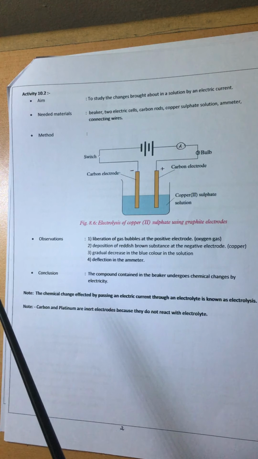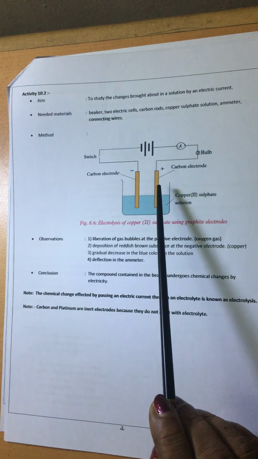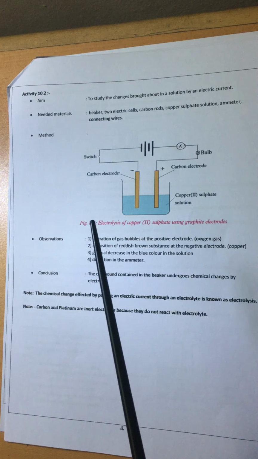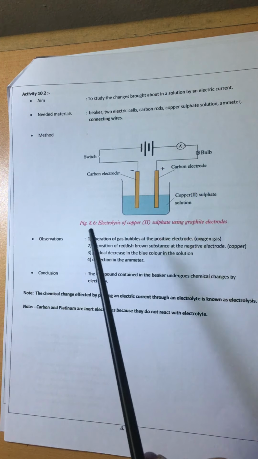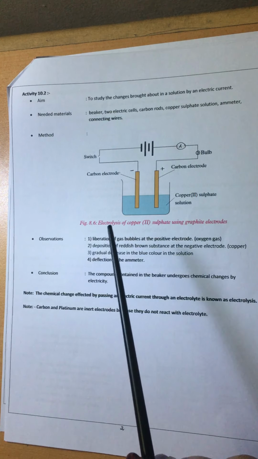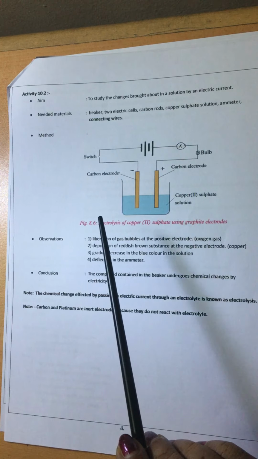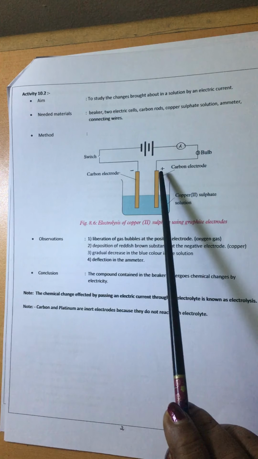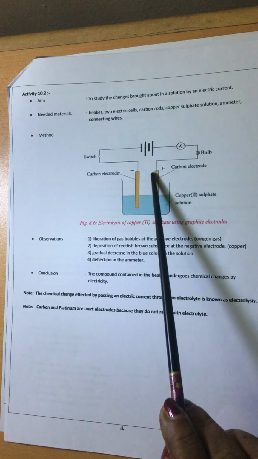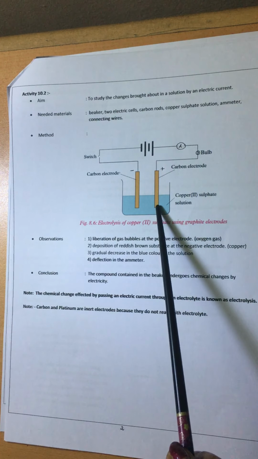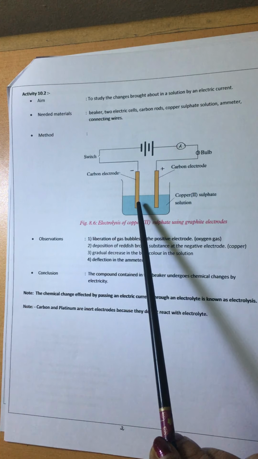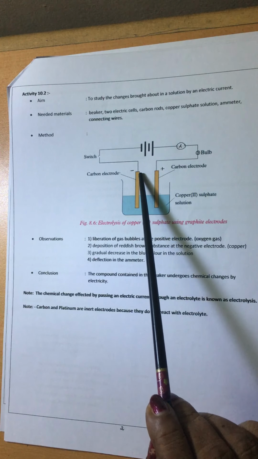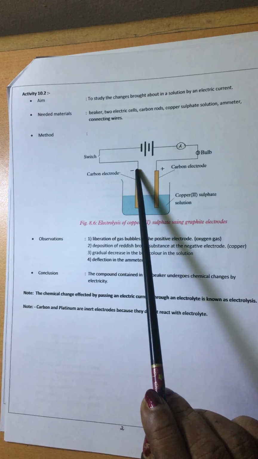How do you identify oxygen gas? When you insert a glowing splinter, it relights. That you studied earlier, right? So this is the gas bubbles evolved at the positive electrode. Next, you can notice reddish brown deposits on the negative electrode.